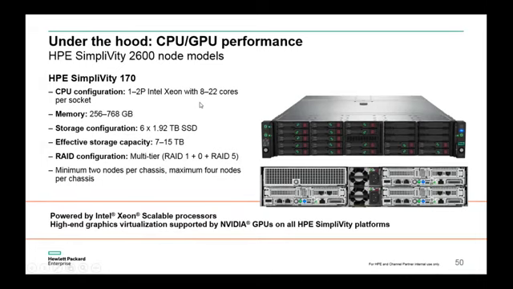We have starting from the 4110 Intel Xeon Silver processor up to Platinum. All the CPUs are supported. Memory can be a minimum of 256 GB up to 768 GB per node. The storage configuration is 6 x 1.92 terabyte.